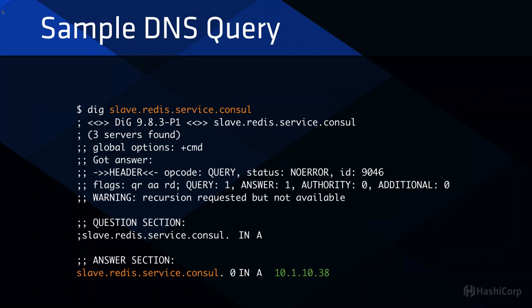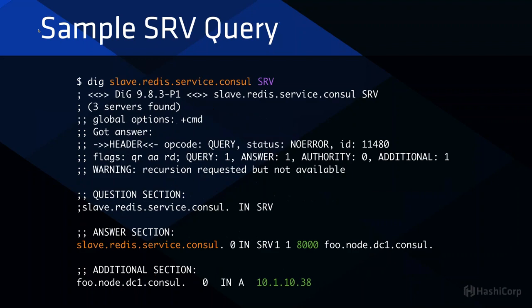Slave is the tag we define, Redis is the service name, and .service.consul is a special subdomain that Consul handles. And you can see that it gave us, in the answer section, an IP address there. We also support things like SRV queries. So in this case, we've also discovered through DNS that it's listening on port 8000, and we've gotten an IP again.